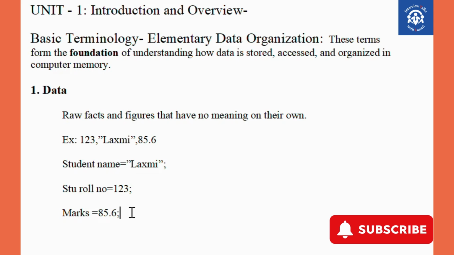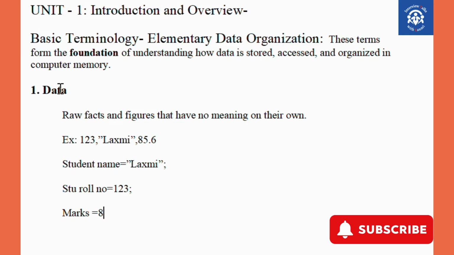So that is what data is. Data means raw facts, but there is no meaning on their own. Without any other support, data couldn't have any meaning. That is the exact definition of data.